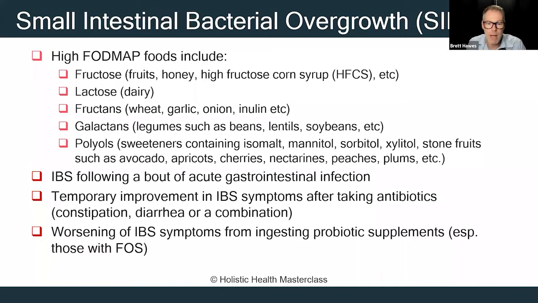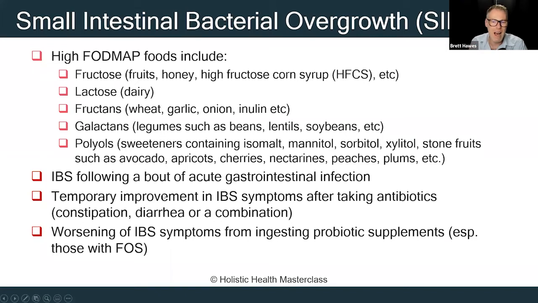A worsening of IBS symptoms from ingesting probiotics. Okay, especially those with FOS, which is a fructo-oligosaccharide. Right now, you can see fructose is at the top of the list for FODMAPs, right? And FODMAPs are fermentable oligosaccharides. So this here is telltale, right?